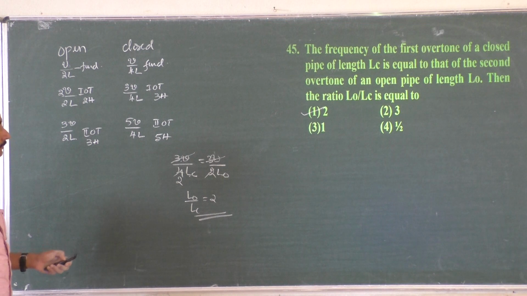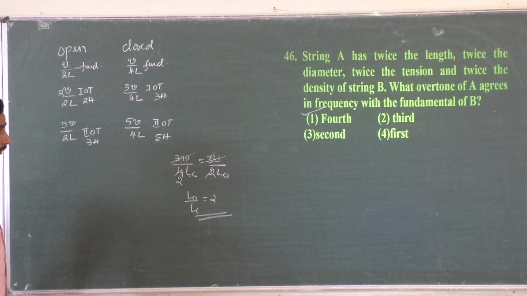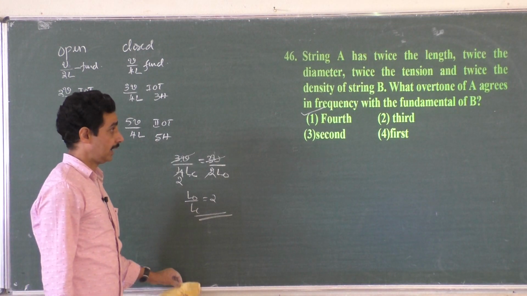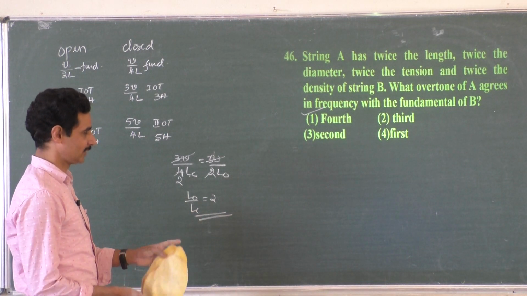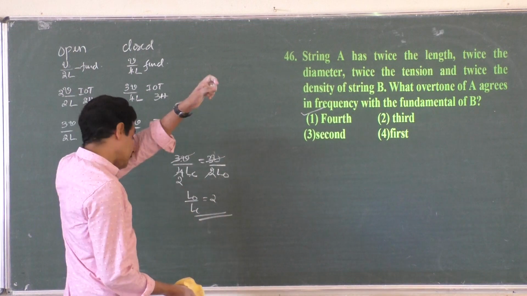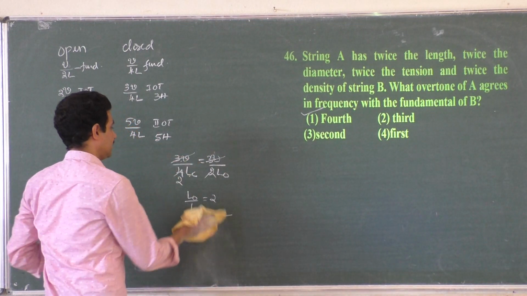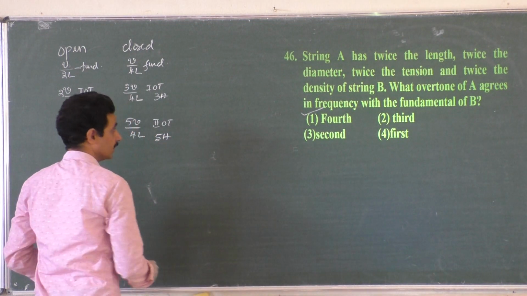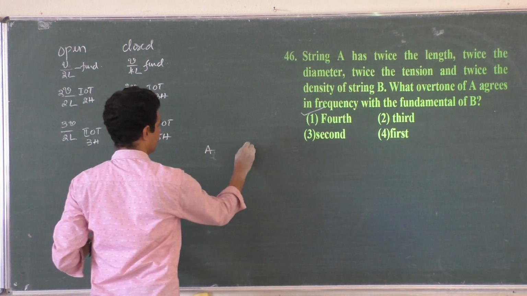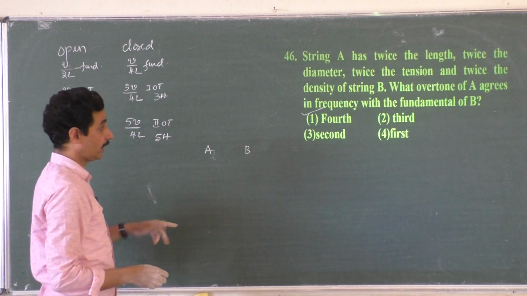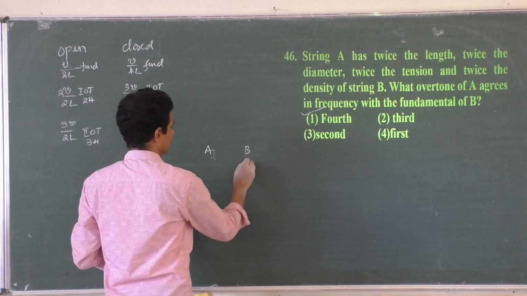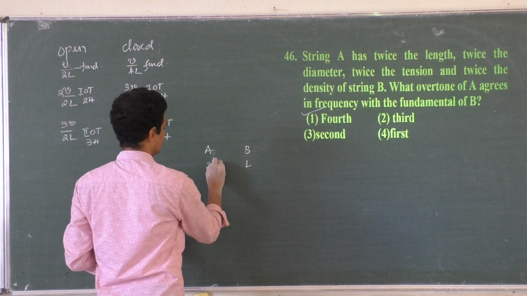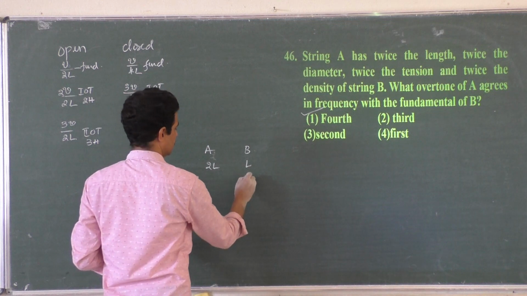46. A string A has twice the length, twice the diameter, and twice the tension, and twice the density of string B. What overtone of A agrees with the frequency of the fundamental of B? A has twice that of B, so we will define it for B: L, twice the length, twice the diameter.